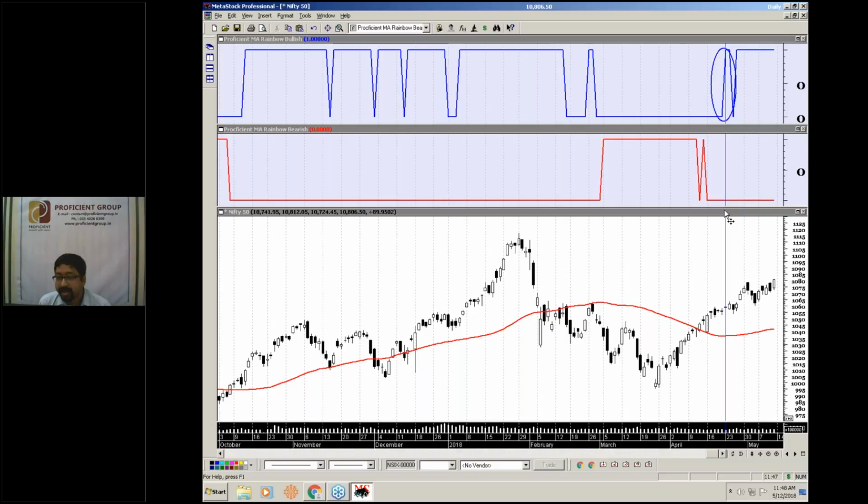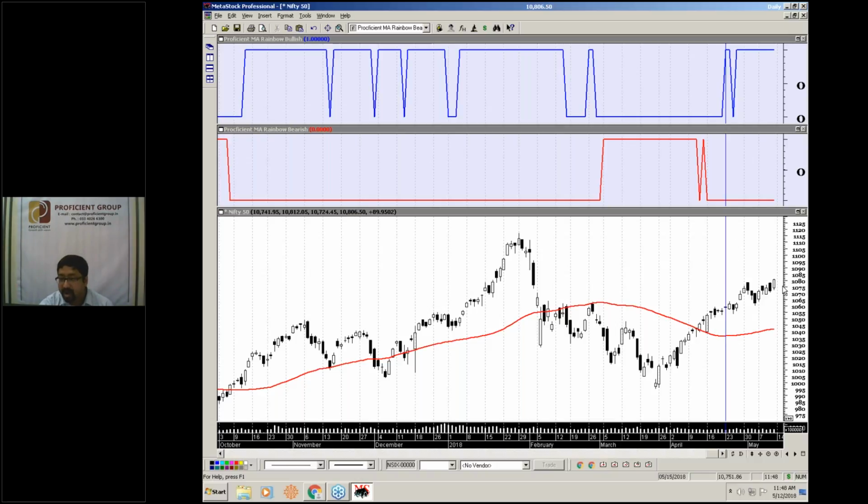Since on this particular day all the moving averages had been sloping upward, and we got a signal, we are giving a bullish opinion. And unless the bearish rainbow indicator gives us a higher value, this bullish opinion will remain intact, right?